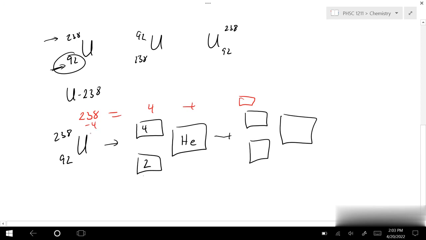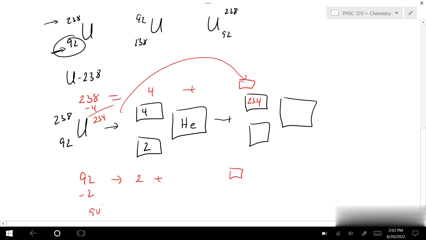If I subtract 4 from both sides, I get 234. So that's what goes in here, 234. Then I do the same thing for the atomic numbers. I have 92 protons, which equals 2 plus something. If I subtract 2, I have 90, so that gives me 90 protons.